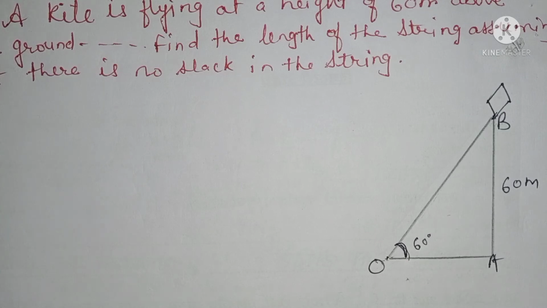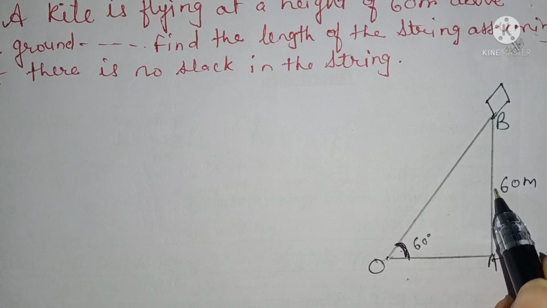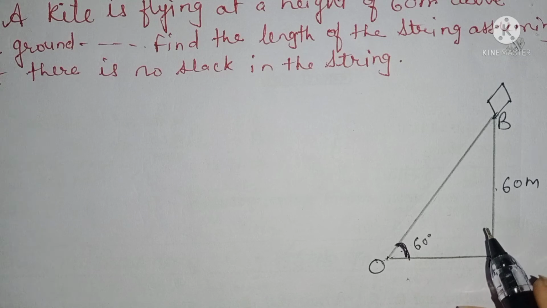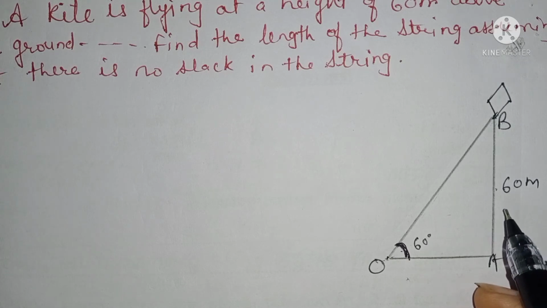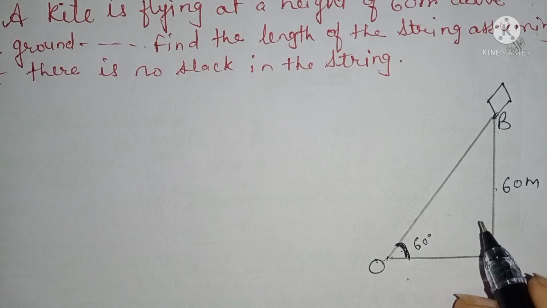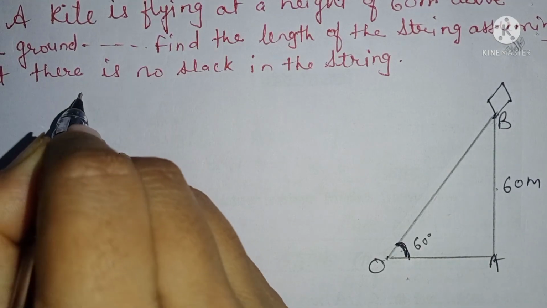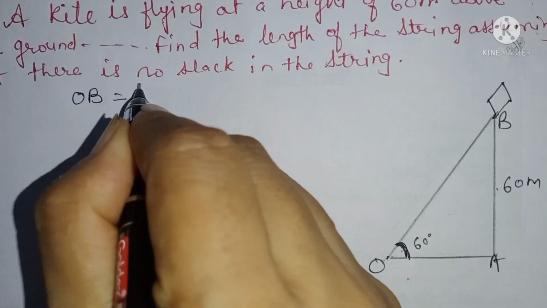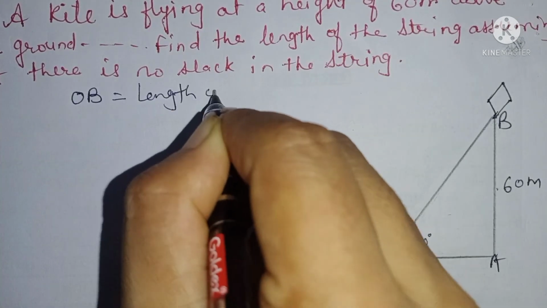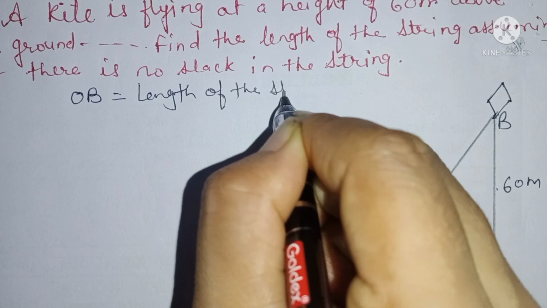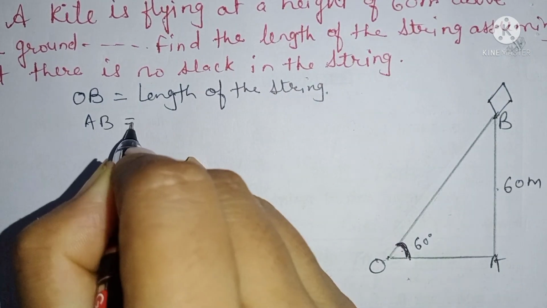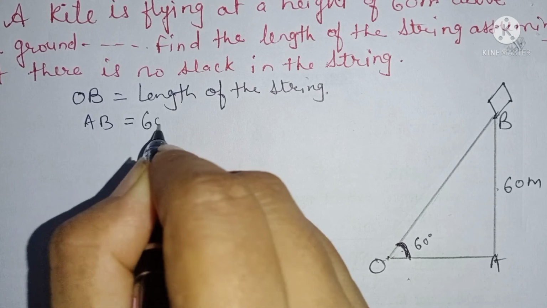All right. So if we look at theta, the opposite side of theta is given and the hypotenuse is asked. So we can apply sin 60. Or you can say cosec 60 can also be applied. So I am going to apply sin 60 here. Here OB is the length of the string which we need to find out, and AB is the height of the kite, which is 60 meter.